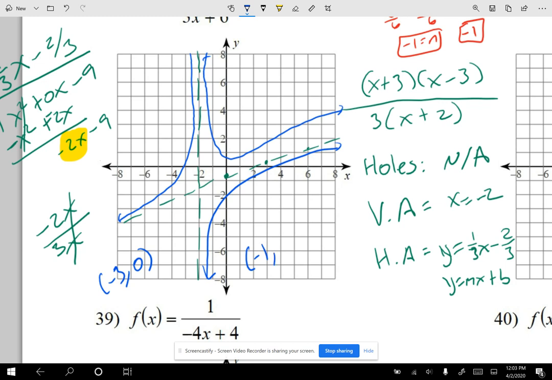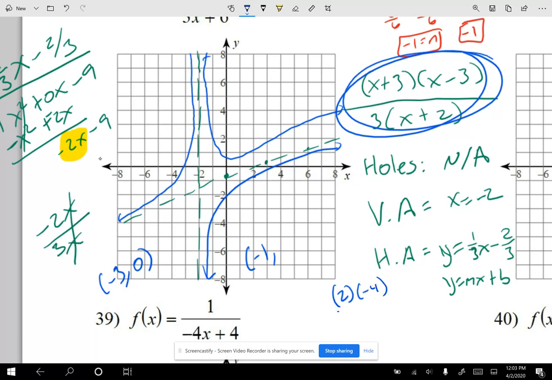So from my parentheses, once again, I'm looking at this equation. I have 2 times negative 4 over 3 times 1. Remember, I was looking at x equals negative 1, so I worked each of my parentheses. So I have this as negative 8 over 3. So in this case, it's not this equation, this part. That's my graph.